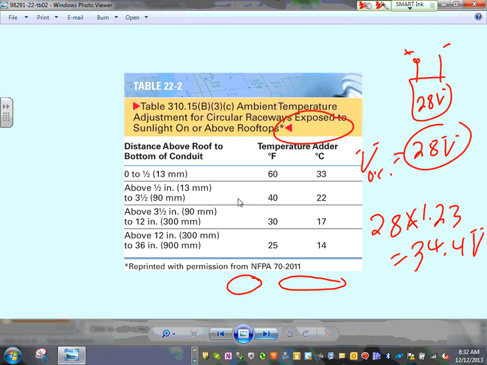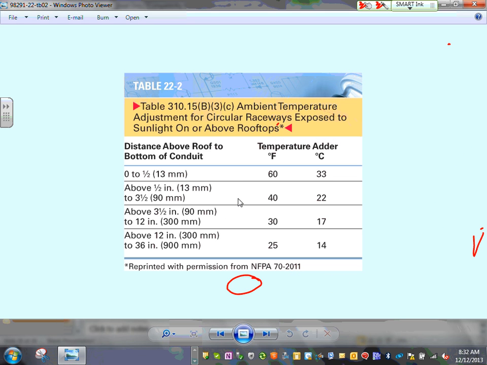If you install things on the roof, guys, on the roof of a commercial or residential building, there's reflected heat, so you have to adjust for temperature. For example, let's just say you put it up to 3.5 inches. You have to add 22 degrees Fahrenheit.